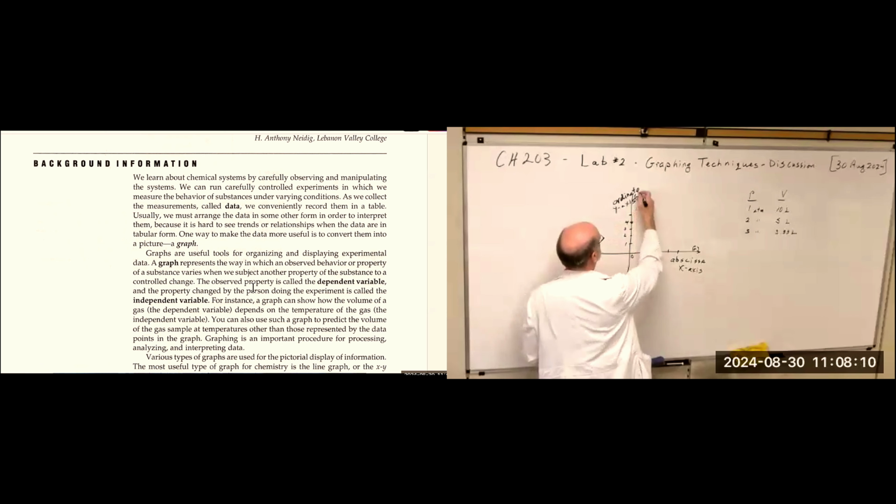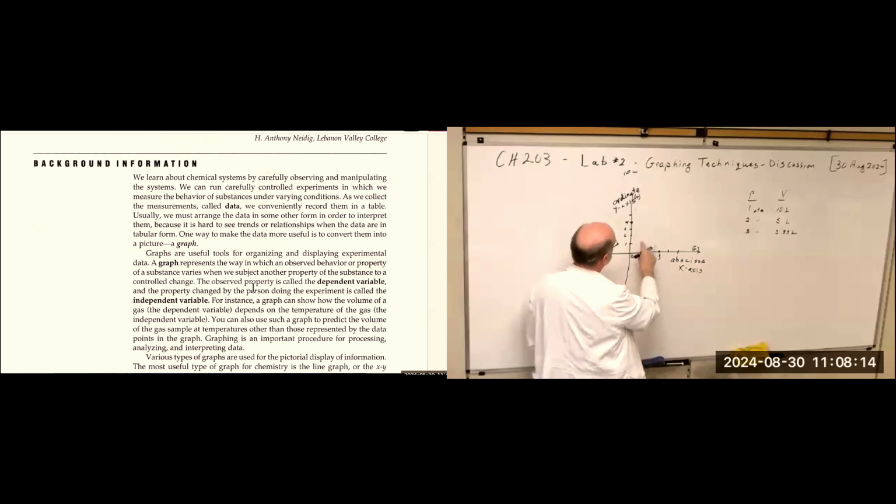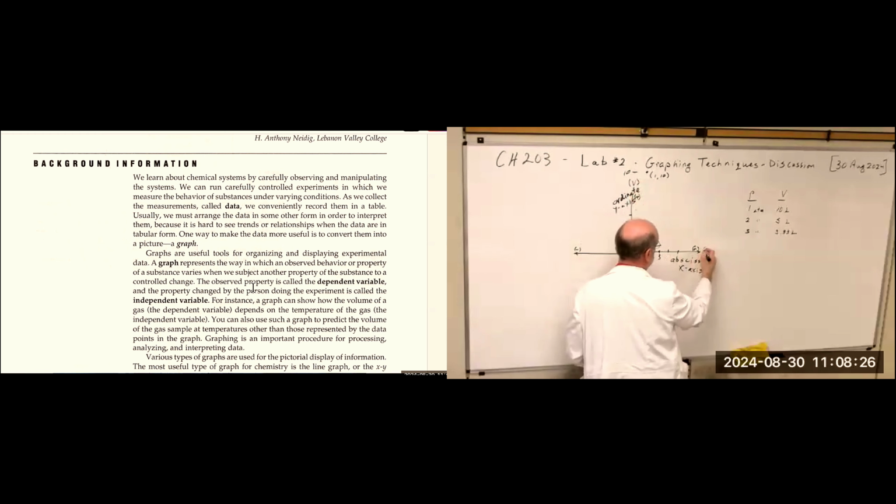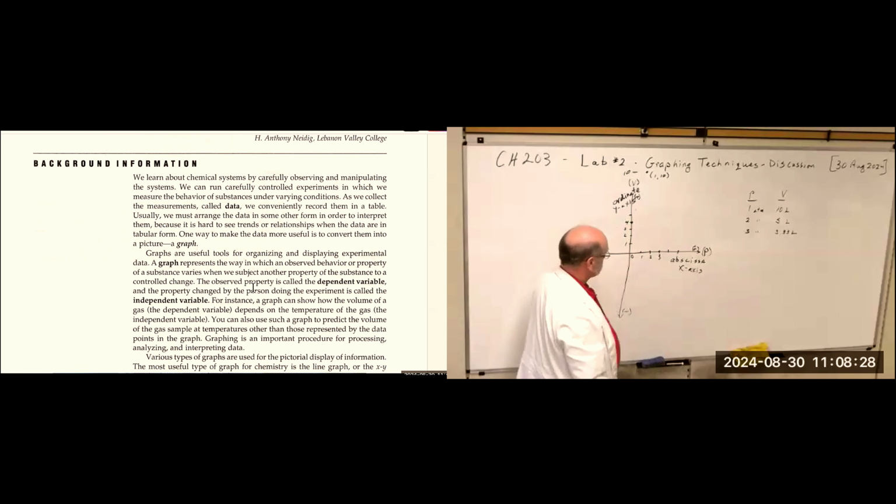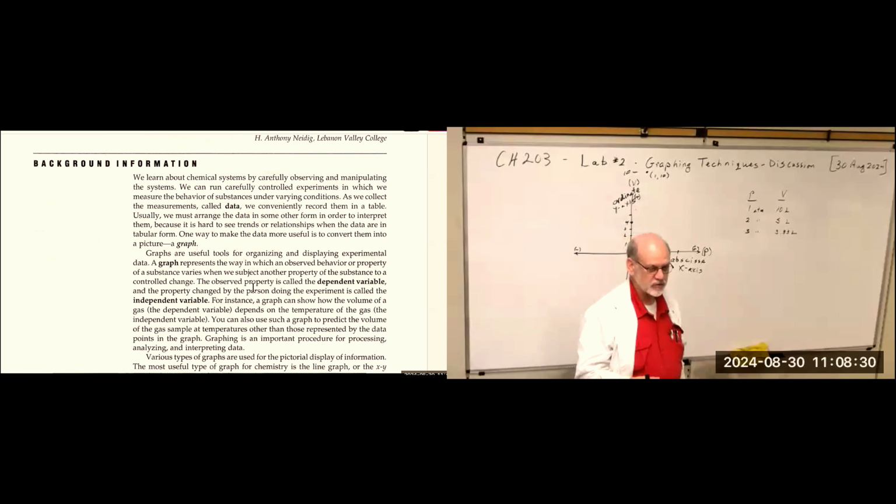I've got to go up to here for 10, right? So if we have 1, then I'd put it right here. That represents 1 and 10, if this is pressure and this is volume on that axis. So now we can graph 2-dimensionally.